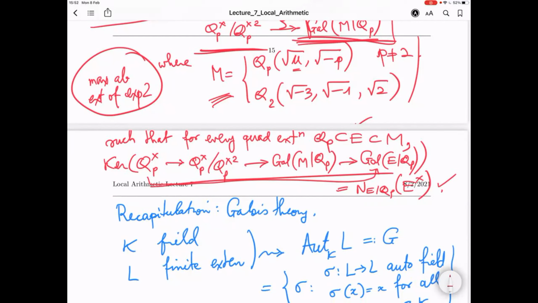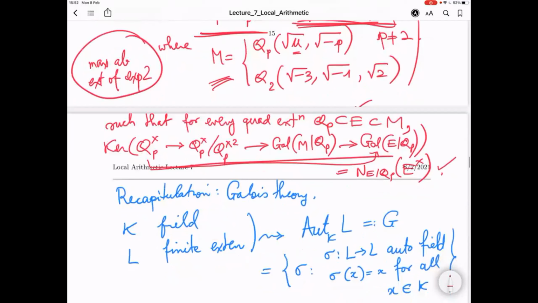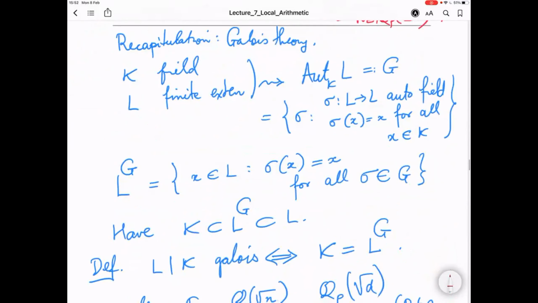Okay, so to put it in a slightly wider context, let's switch to pure algebra for a few minutes. Pure algebra, which is Galois theory.